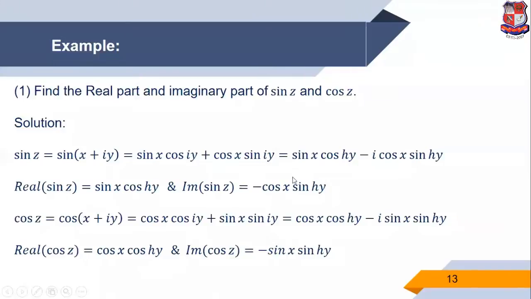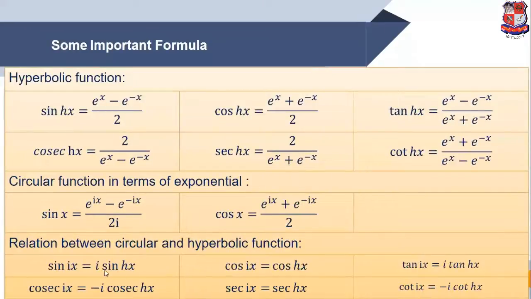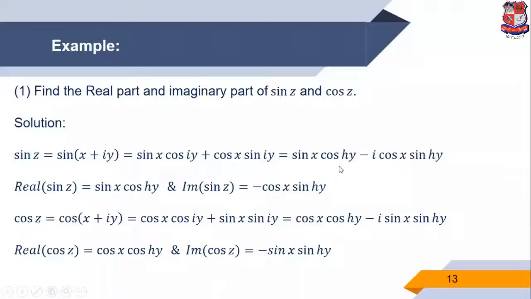Sin ix is i sin hyperbolic x, cos ix is cos hyperbolic x. So here the term is a plus, not minus. So sine iy is i sine hyperbolic y. So the real part is sine x cos hyperbolic y, and the imaginary part of sine z is cos x sine hyperbolic y. So this term is a plus, not minus.